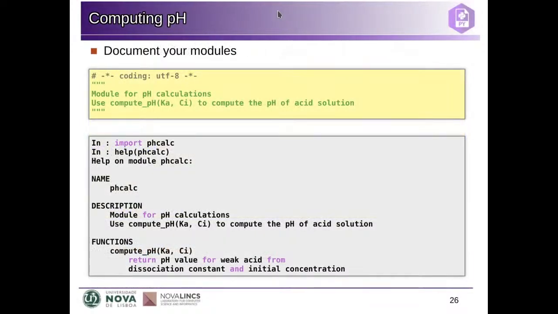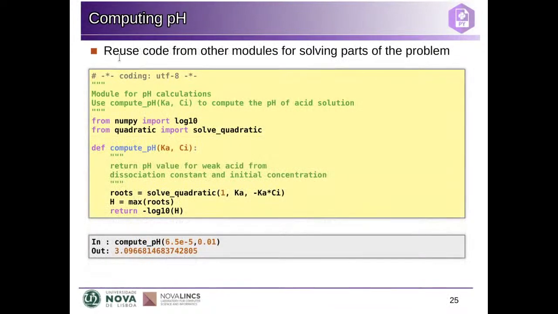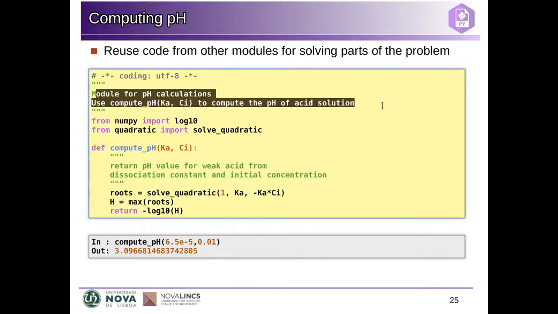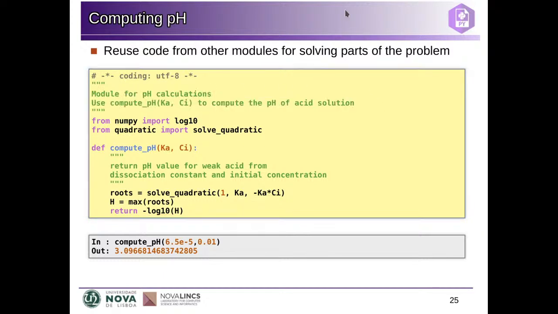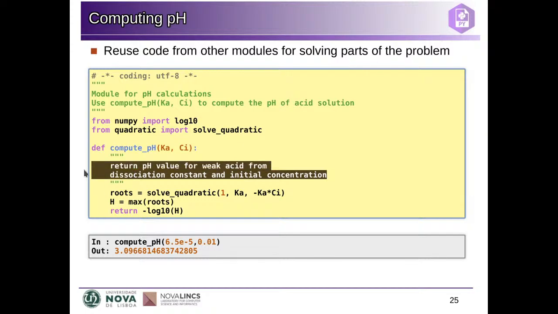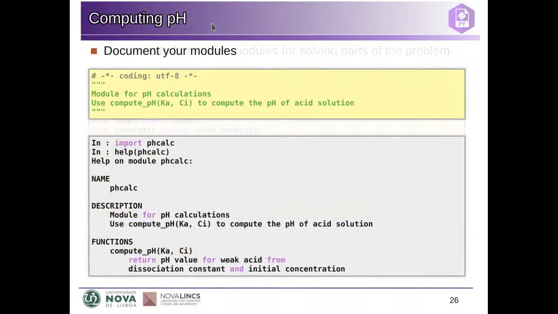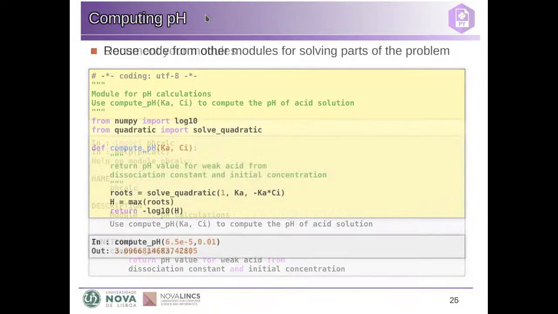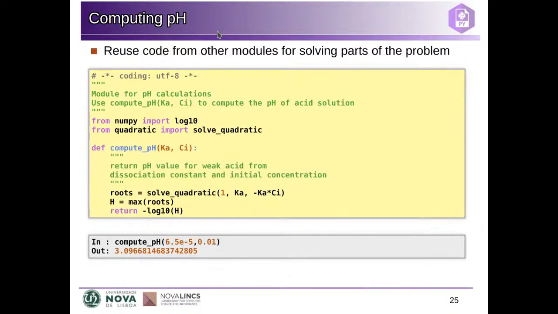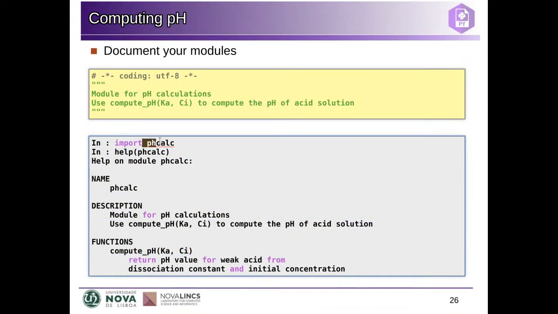You can also document your module. So for example, in this case, we have this string here in the beginning, and this works similarly to the documentation on the list. So let's say we save this file as phcalc, so this would be our module. If someone imports the module phcalc and asks for help, they can see the documentation string that we created here.